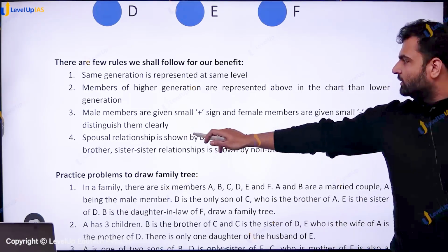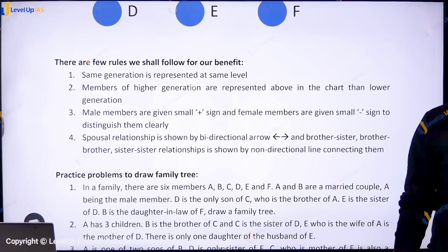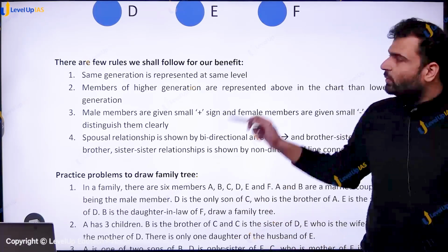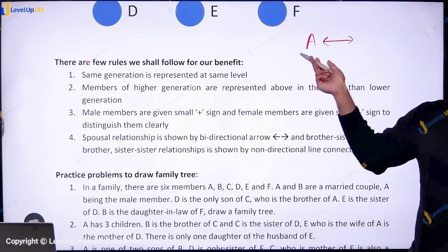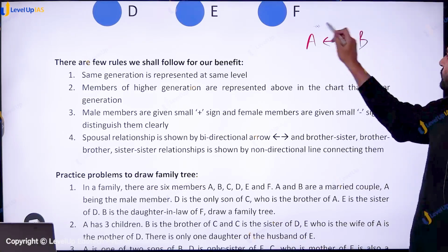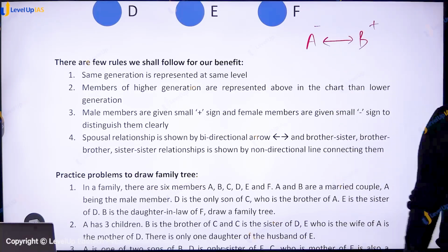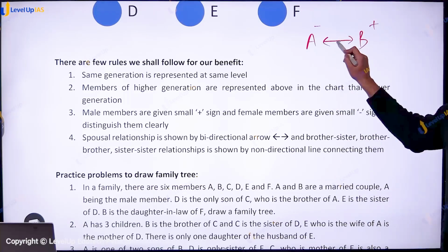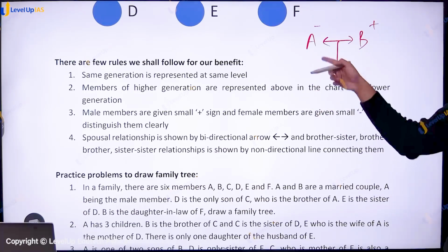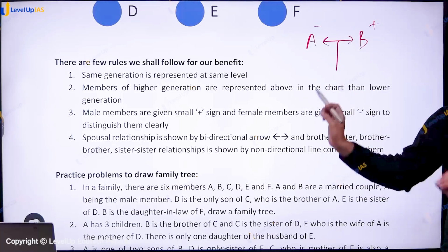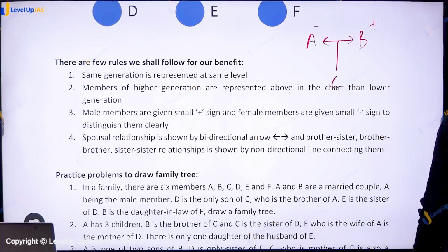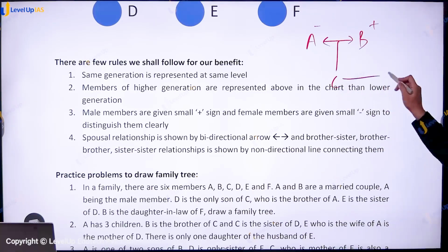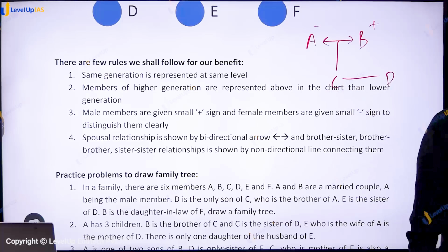Spousal relationship is shown by a bidirectional arrow. So if A is wife of B, then we will give a bidirectional arrow, and A is wife, B is husband. And whatever their son or daughter is, we will draw a line from the middle of that arrow to show that it is their child, and then it will be like C. If C is brother or sister, then C and D are siblings.